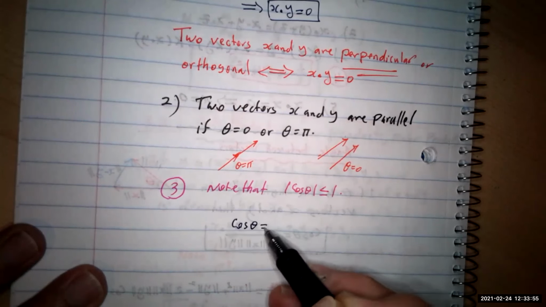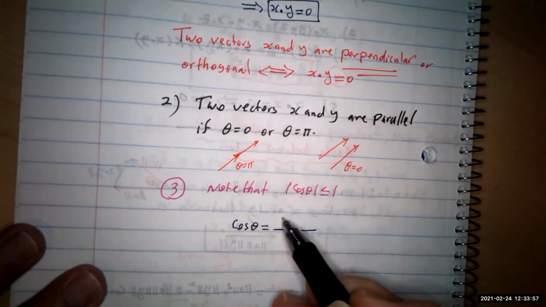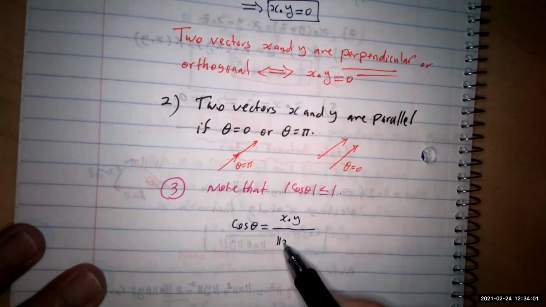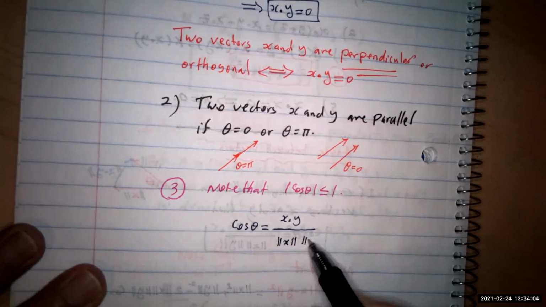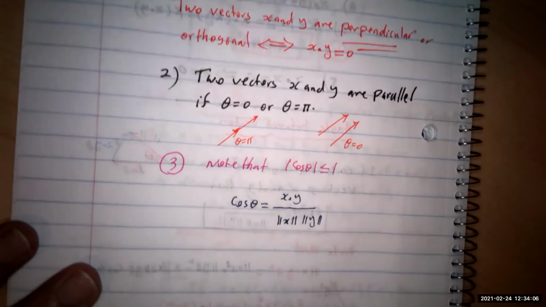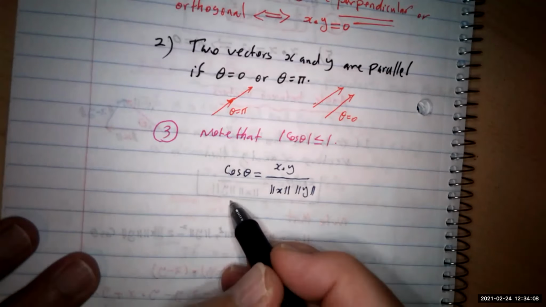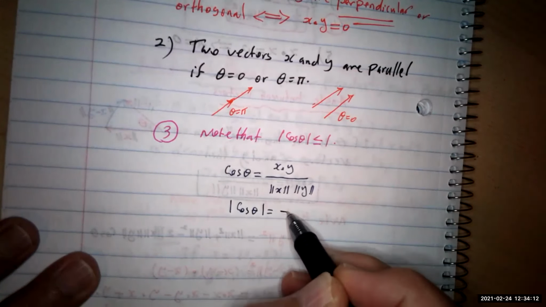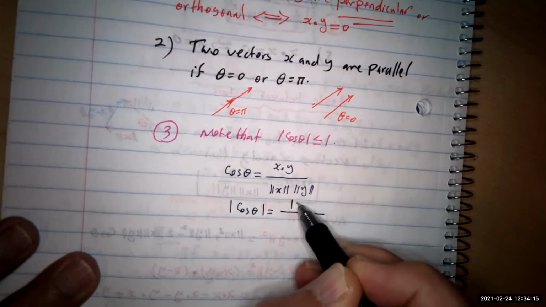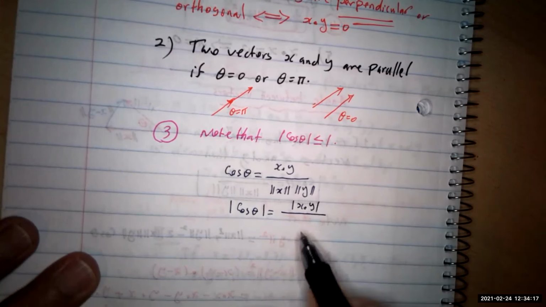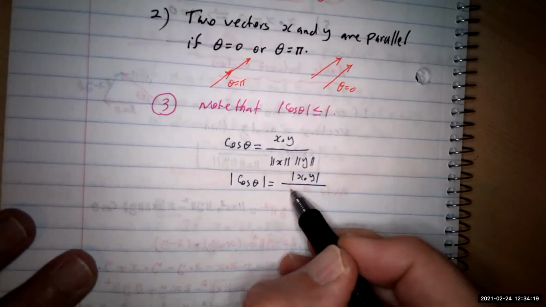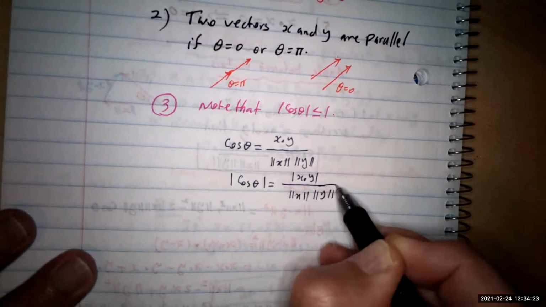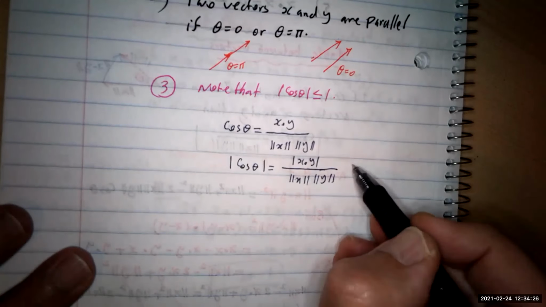Cosine of theta is equal to x dot y over the norm of x times the norm of y. If you take the absolute value, the top is going to be the absolute value of x dot y because it's a number. The bottom one you don't need any absolute value. So this must be less than or equal to 1.